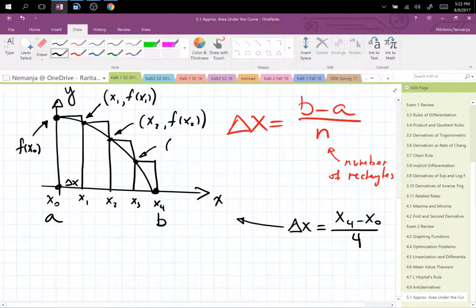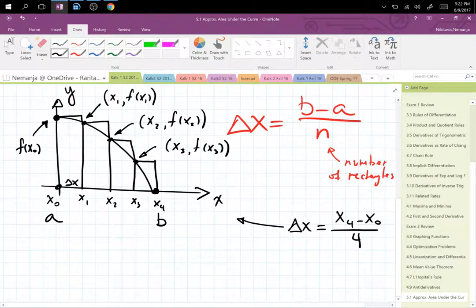This one is x3 and f computed at x3. All of these points are known because you know what the function is, and because you already have x0, x1, x2, and so on, you can quickly compute y1, y2, y3, and so on. So we have all of those points.